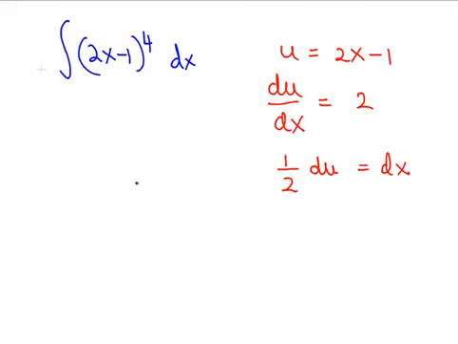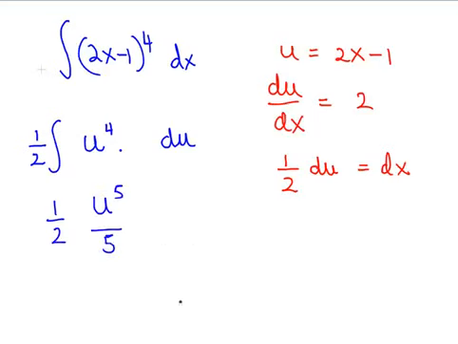So we can rewrite our expression as u to the power of 4 times 1/2 times du. So in the integral, we take the half out the front, such that we're left with something rather simple. That is equal to 1/2 times u to the power of 5 over 5 plus c.